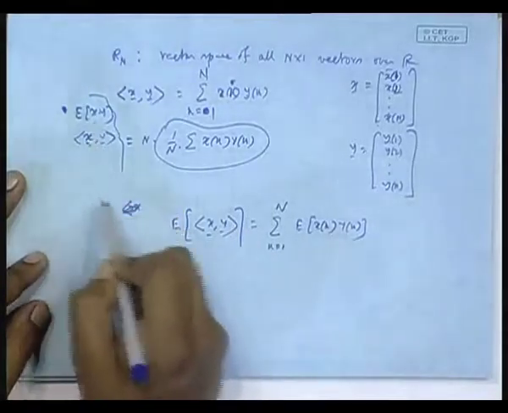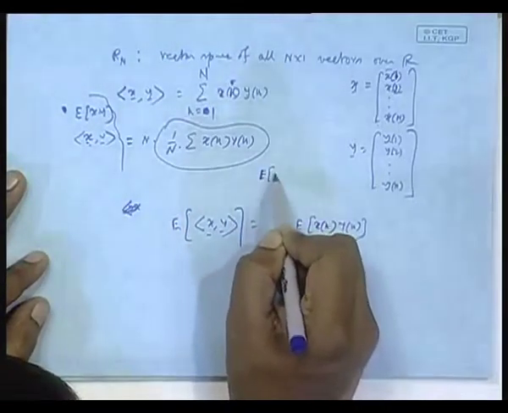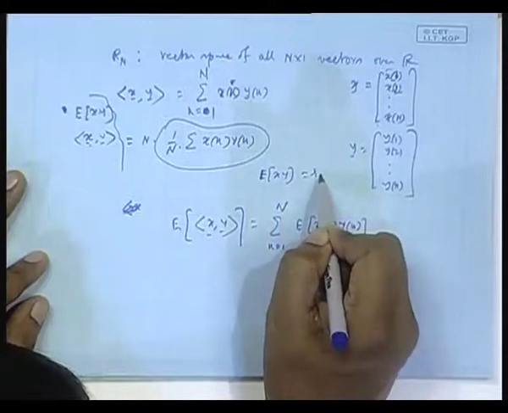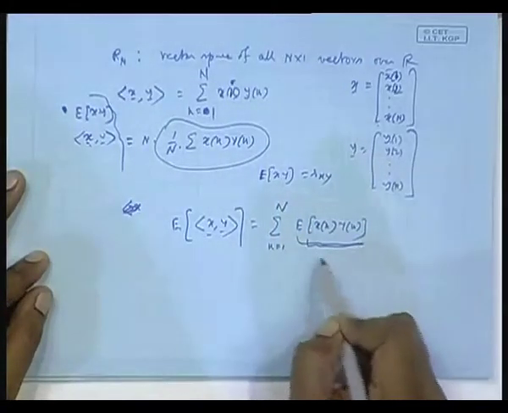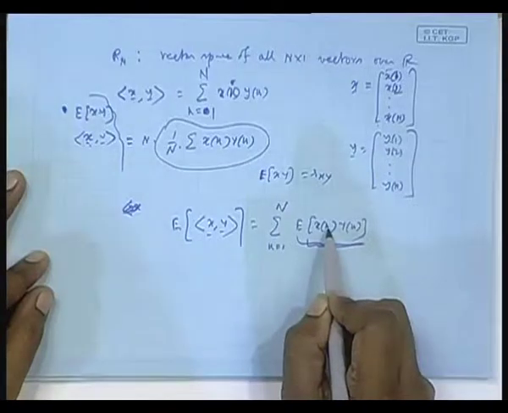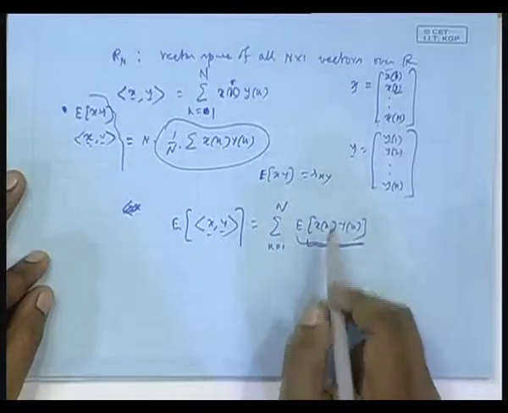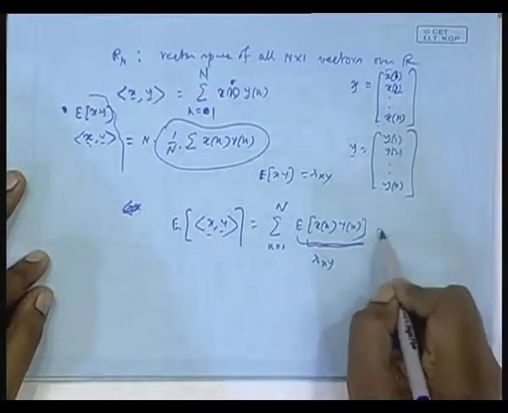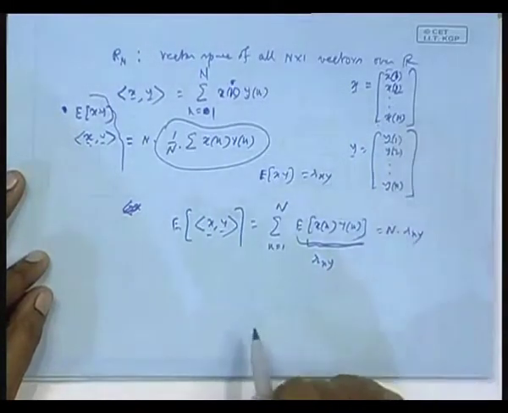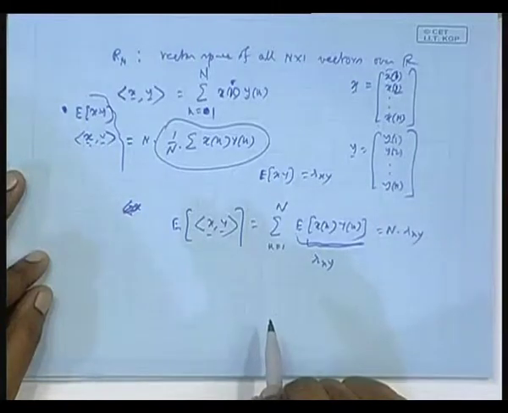But E x y, if I call E x y as R x y, then this quantity, whether it is k equal to 0, k equal to 1, k equal to 2, this quantity will always be R x y. So, this is n times R x y. Okay.